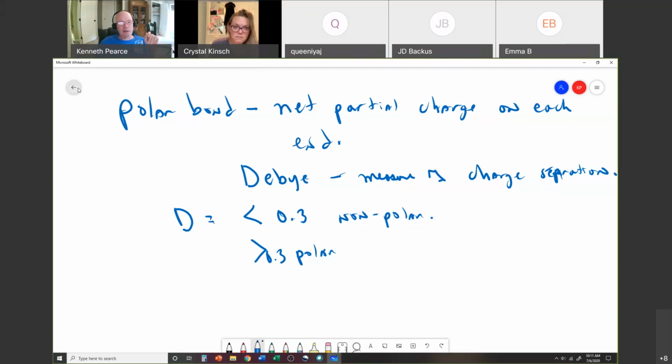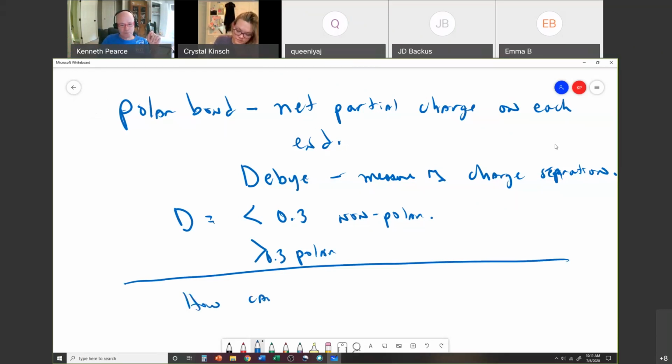Now, from a practical standpoint, because I like to do things from a practical standpoint, how can you tell? Well, what we do is we look at the periodic table.